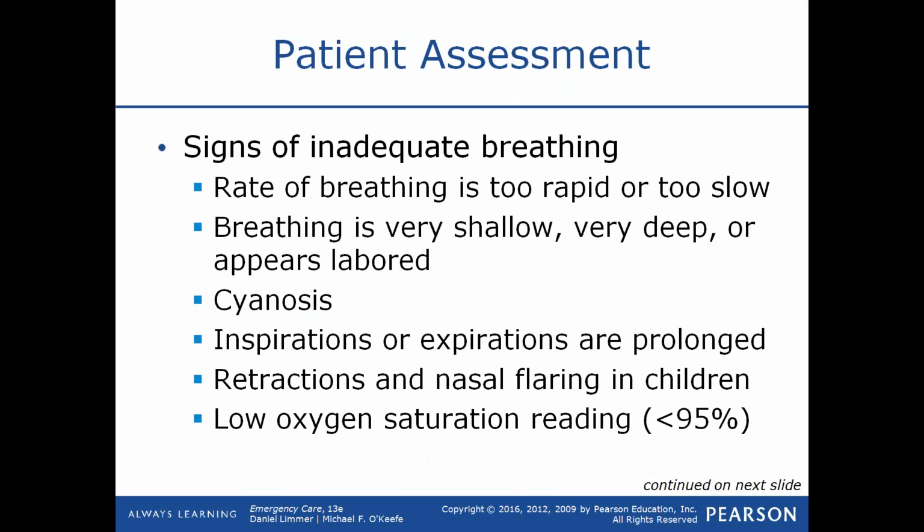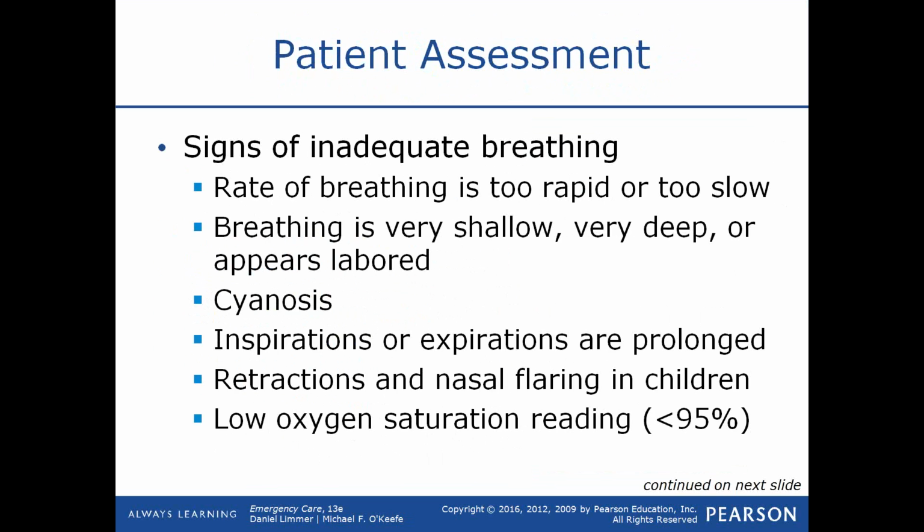Their respiratory rate may be too slow, maybe too fast. They may be breathing very shallow or very deep, and they may be working hard to breathe. If their red cell count is adequate and they have enough blood volume, they may be cyanotic. Inspiration or expirations may be prolonged depending upon the respiratory disease that they have.